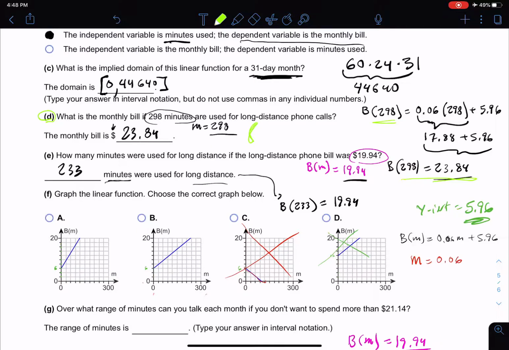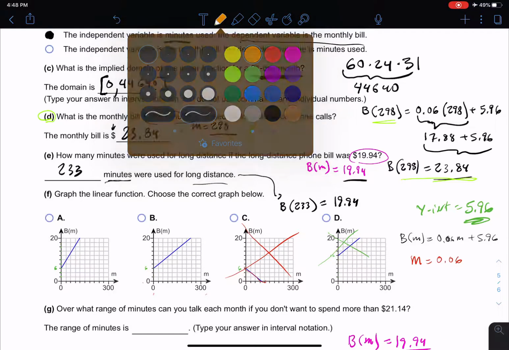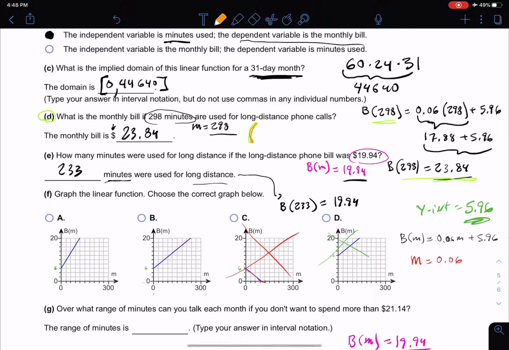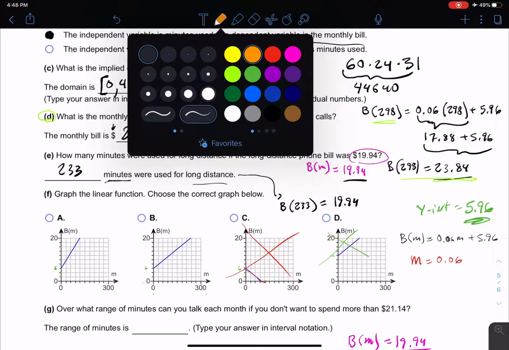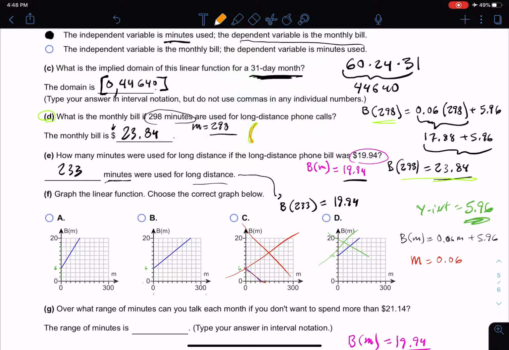I need a darker color, I think, and a thicker pencil. Going crazy with this thing today. So this is saying when m is 298, then the cost is 23.84. Let's just call it x's and y's: x is 298, then y would be 23.84. But in this case, it's minutes and then cost of the bill.